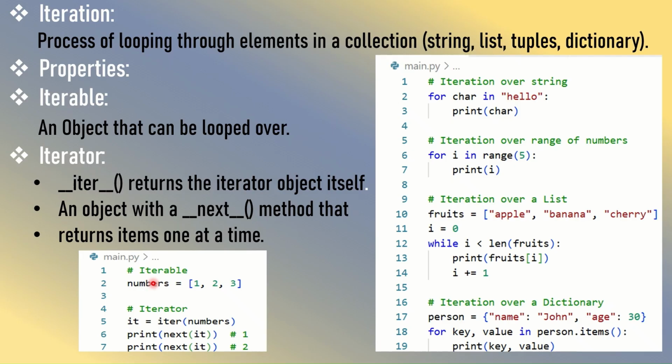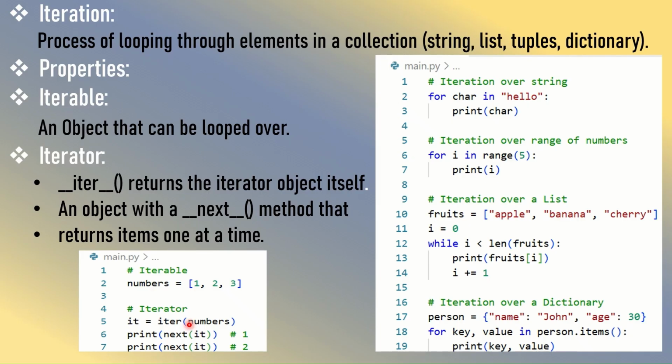So here I have given an example where Python works behind the scenes like this. Suppose we have an iterable object like this, where we have a list containing 1, 2, 3 elements in it. Whenever the Python compiler executes our code, if it wants to iterate over a collection of elements, it will first create the iterator object by defining it like this.